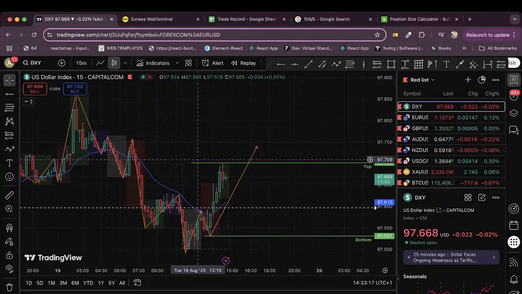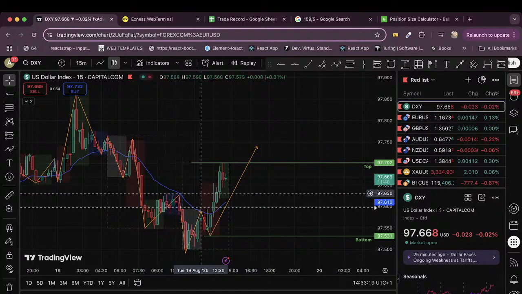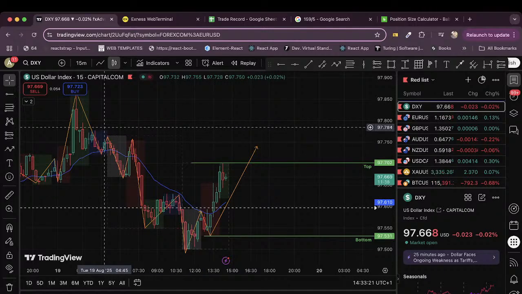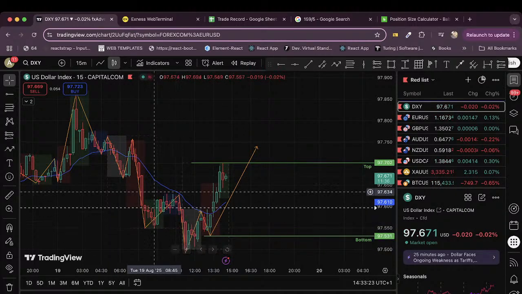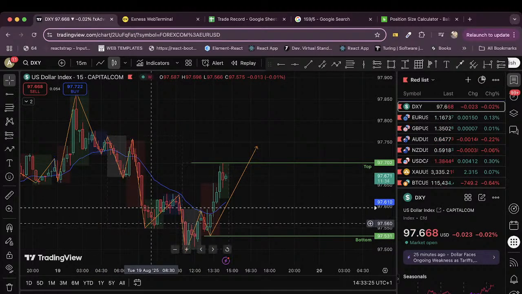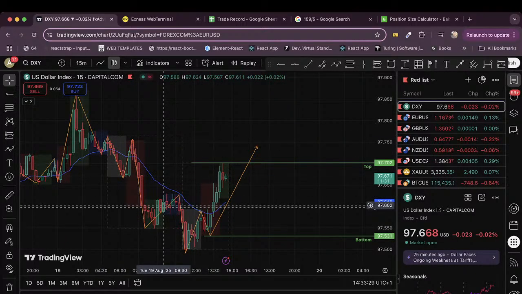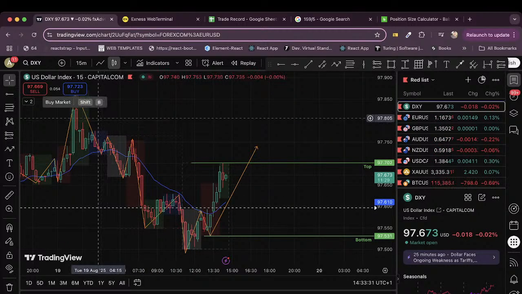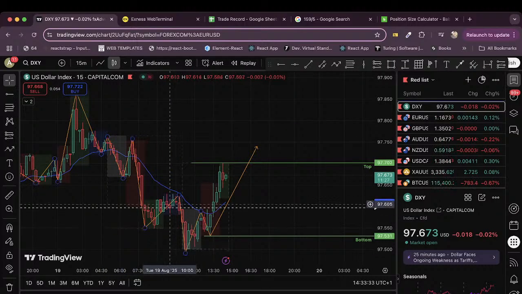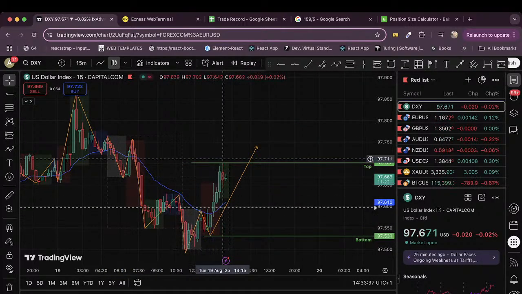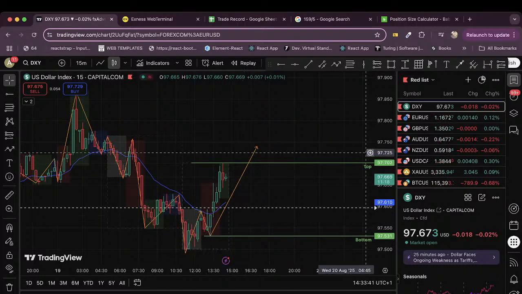Just at the point that we saw DXY breaking out from the previous bearish trend, the series of lower highs and lower lows, the market shifted to a higher low and a higher high. So all we need is a reasonable pullback for a continuation.